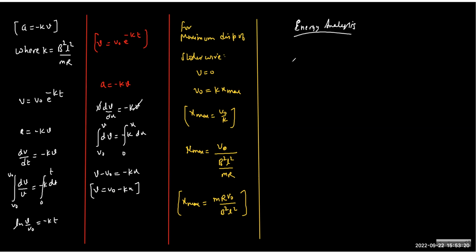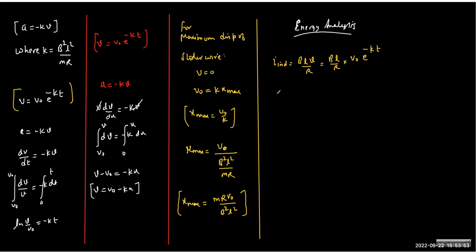So you may be asked how much energy is lost by the rod, or how much energy is dissipated through the resistor. Because we know the velocity as a function of time t. This is really interesting because if you remember, the I induced was BLV by R, and we can clearly see the V itself is V naught e power minus kt.